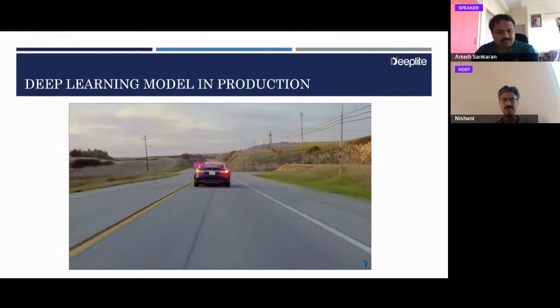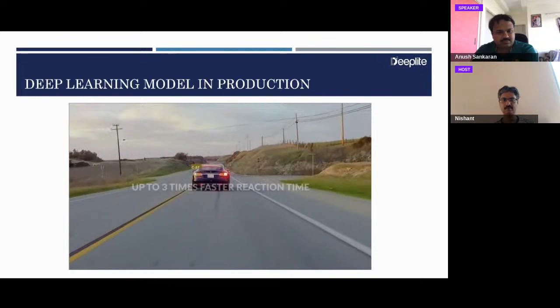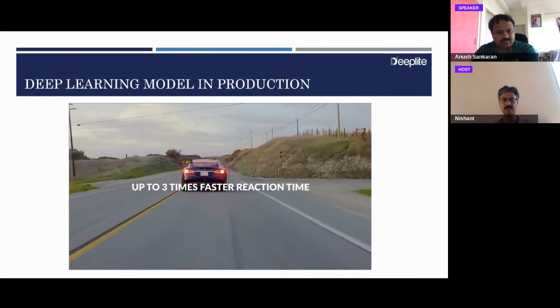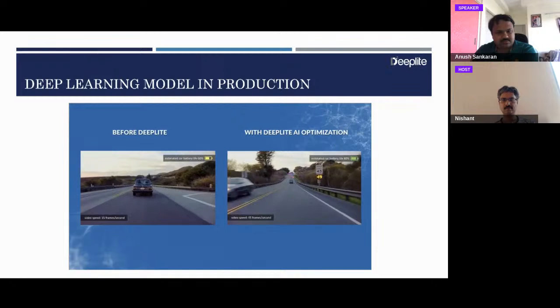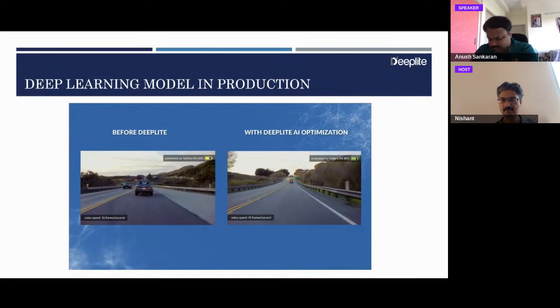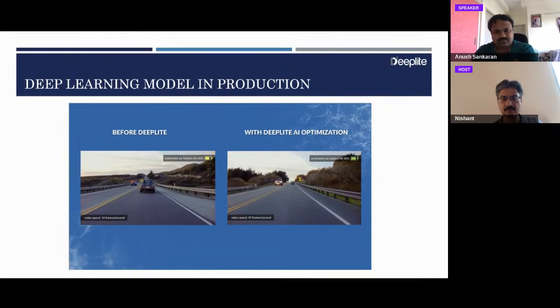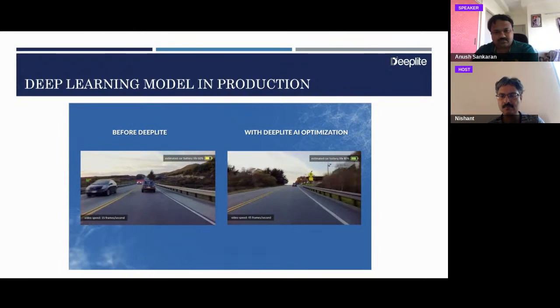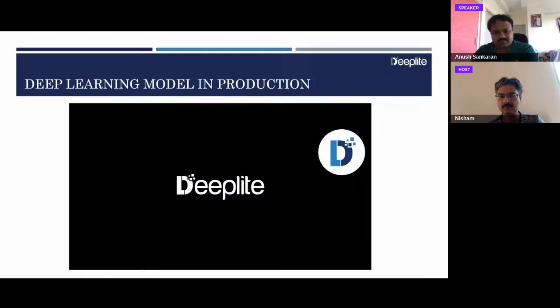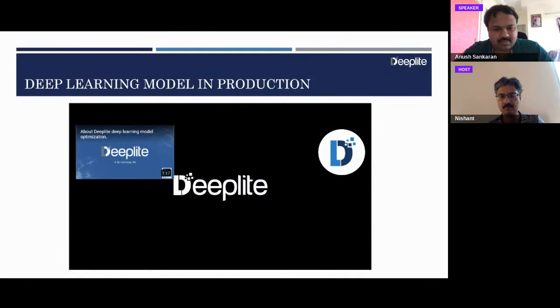With this combination, we created AI technology that can enable vehicles to react up to 3 times faster. Not only does Deeplite's technology make these cars safer, it also significantly reduces battery consumption, giving drivers a lot more time on the road. Trust Deeplite for AI in our everyday life.